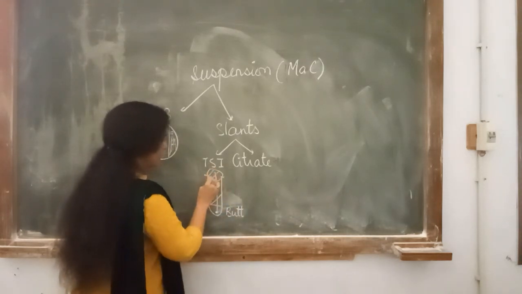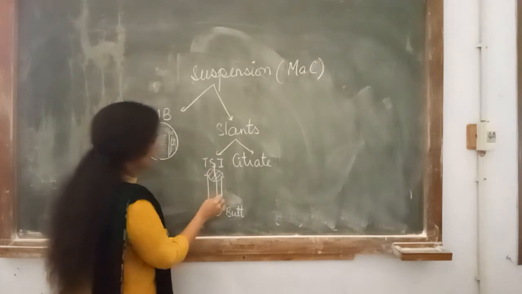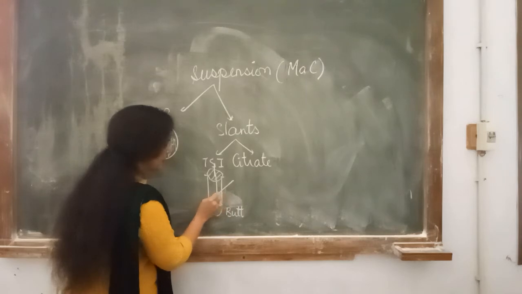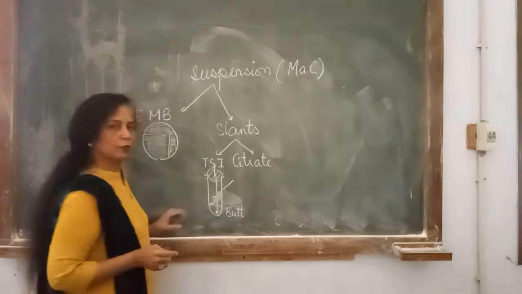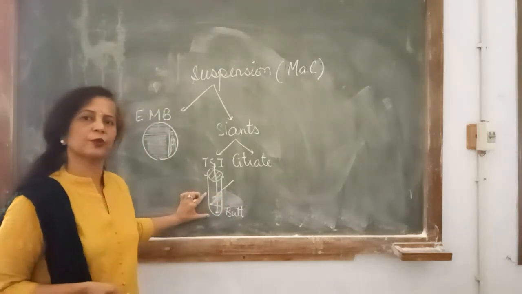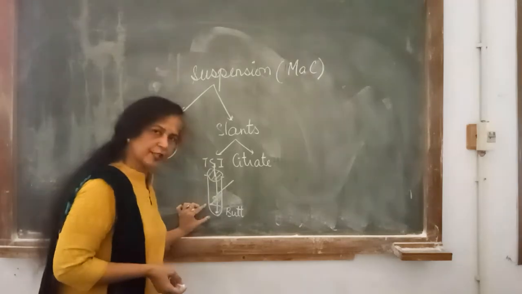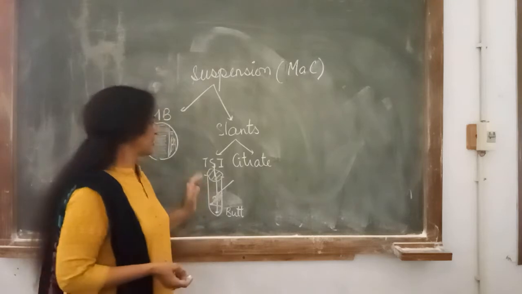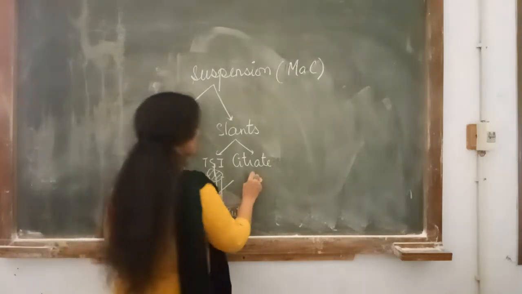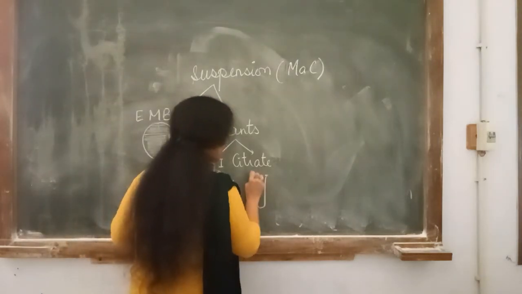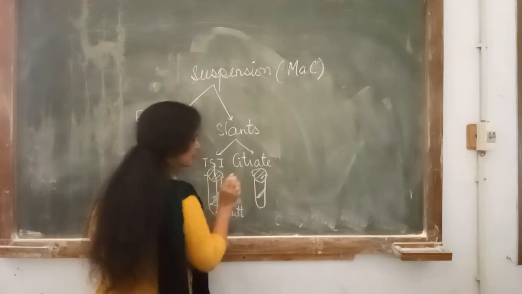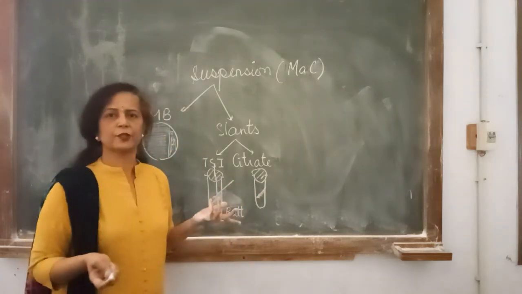Okay. And then after the slant is inoculated with the help of loop. Okay. Like this. So both the regions are to be inoculated properly. Butt region as well as slant region. So on the next day we will have proper result of TSI slant. Then in case of citrate slant, there is nothing to worry about because it is having only slanting surface. So we just have to inoculate the slanting surface with the help of nichrome wire loop.